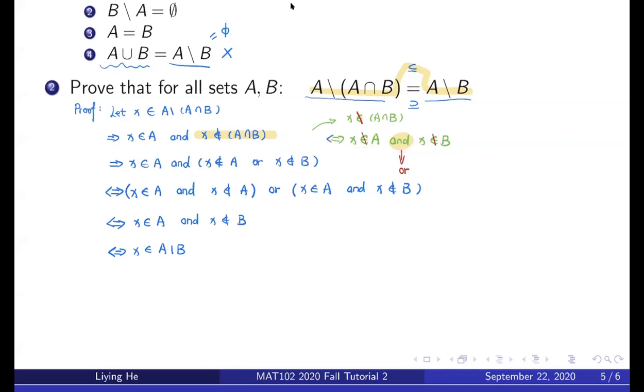Okay? So, and from here, you can go back as well. Therefore, they are equal. Because the backward direction is exactly the same, but backwards. And that's the end of the proof.